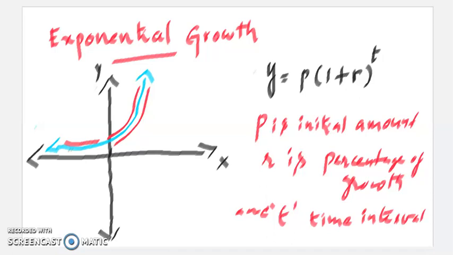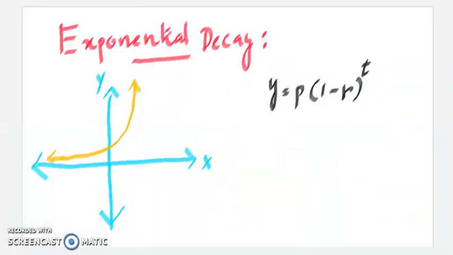Coming to the next definition, exponential decay. What is exponential decay? The quantity or the function in the xy plane decreases very rapidly at first and then very slowly.